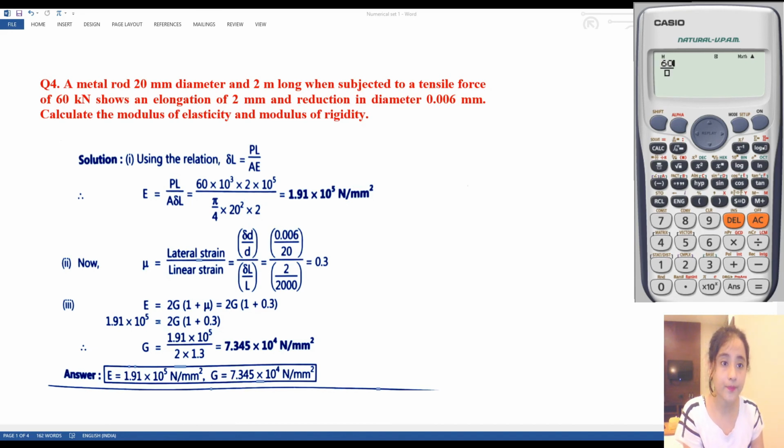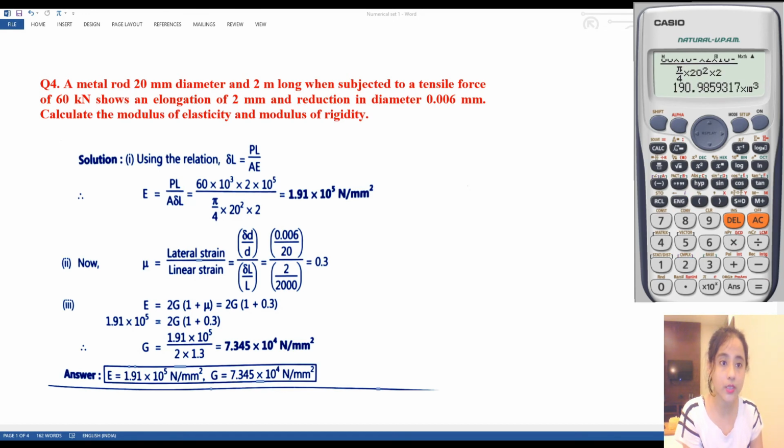Let us find: 60 into 10 raised to power 3 into 2 into 10 raised to power 3, divided by area, pi by 4 into diameter 20 square, into its elongation 2.